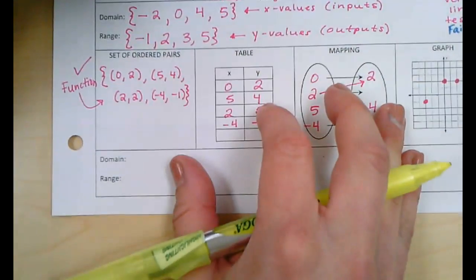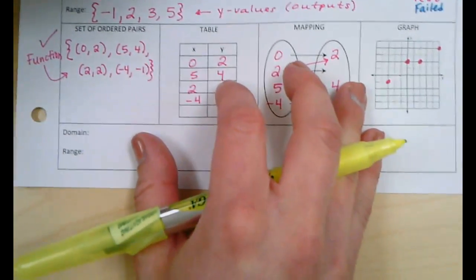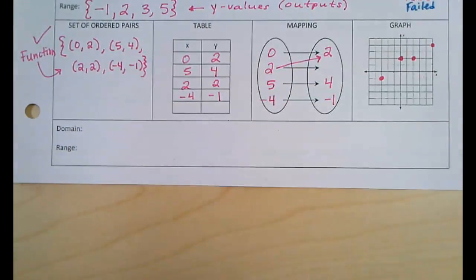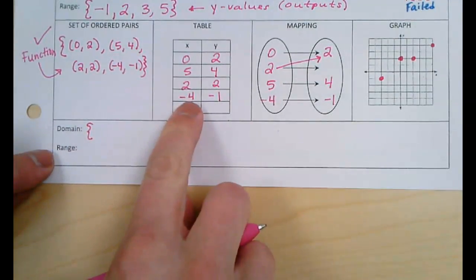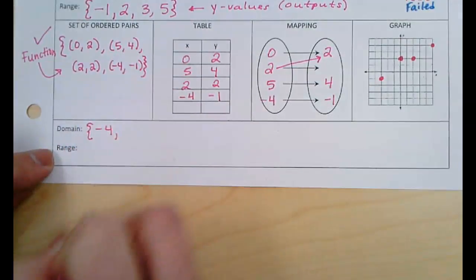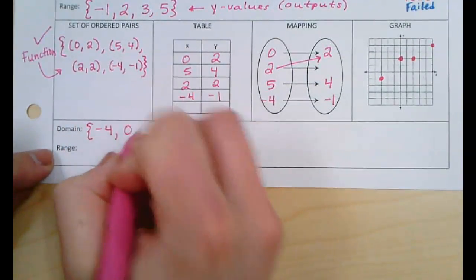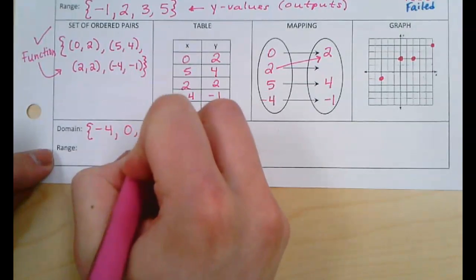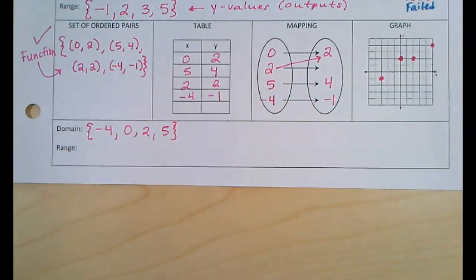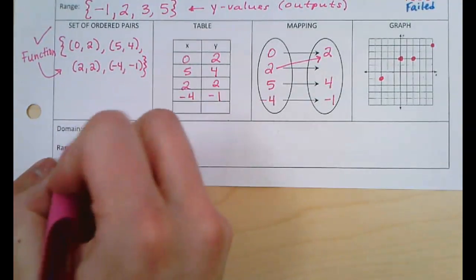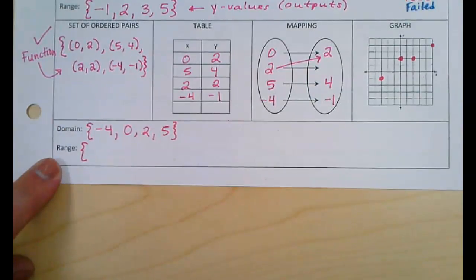The last thing we're going to do is list off domain and range in roster notation from least to greatest. So the domain for this one from least to greatest starts with -4, 0, 2, and 5. And next I'm going to list off my range from least to greatest.